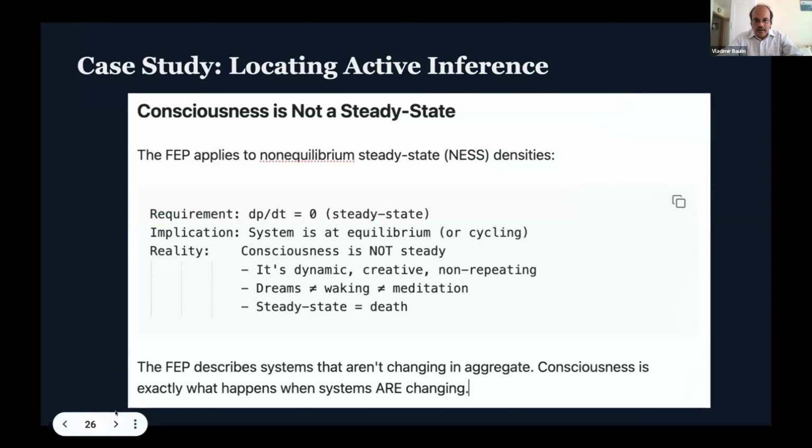Another comment, about consciousness not being a steady state. The free energy principle applies to non-equilibrium steady states. Yes, that is correct. And what we say is that this is not chaotic behavior. However, there are a lot of different regimes where this may not be true, especially in consciousness, which is on the edge of chaos. And there is a possibility of extremes, for example a radical change of environment, such as a phase transition.